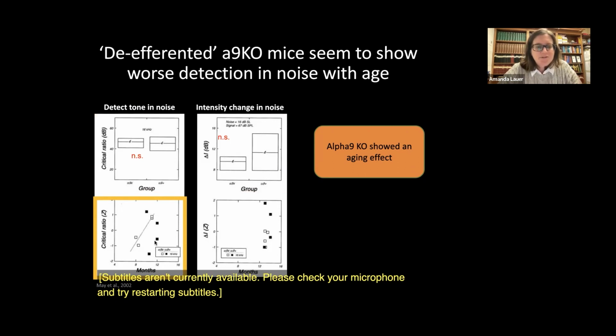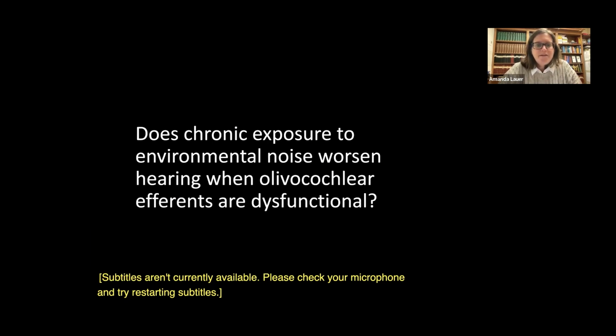And so they're getting exposed to noise for months while these data points are being collected. So maybe that daily exposure to the background noise is actually causing some impairments in the alpha 9 mice. And so I followed this up, asking the question, does chronic exposure to this environmental noise worsen hearing when you have olivocochlear efferent dysfunction?